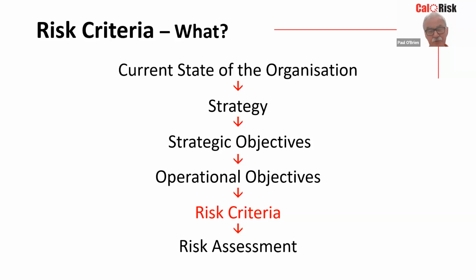So if you apply the definition of risk to the uncertainty associated with the objectives, then effectively the risk criteria are the yardsticks to quantify the degree, I suppose the degree of the doo-doo we might get into if we don't manage the risks, and to understand the risk in terms of what might be lost if the objective is not met.